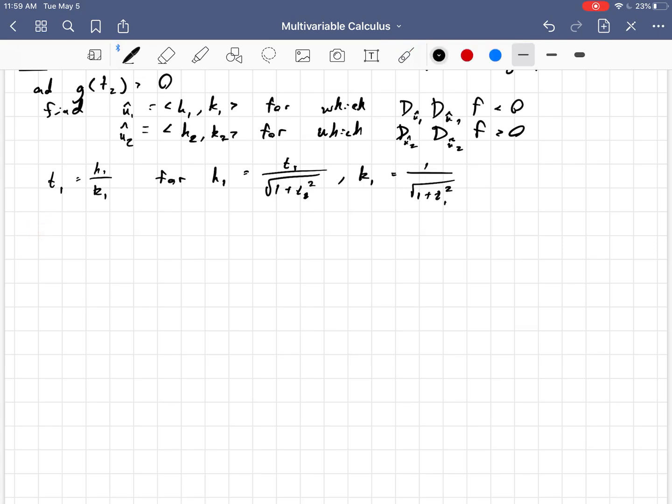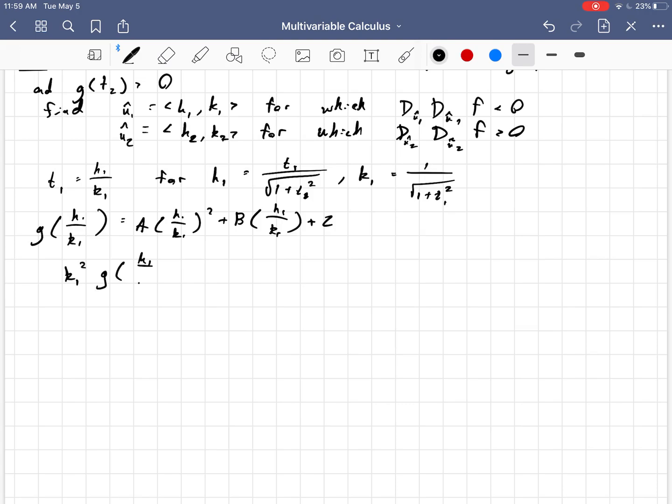So now if we consider g of h sub 1 over k sub 1, that's going to be equal to, obviously, a times h sub 1 over k sub 1 squared, plus b times h sub 1 over k sub 1, plus c. And so, same logic as before.